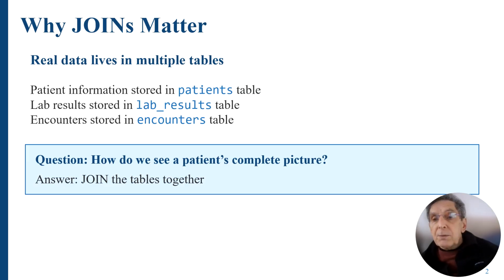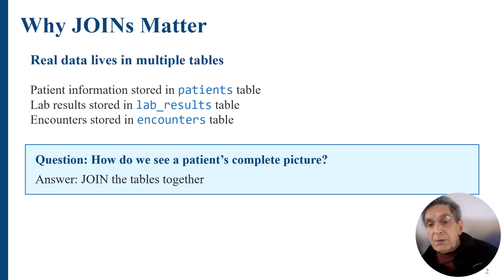So why do joins matter? Let's start with why. In a well-designed relational database, we don't store everything in one big giant table with lots of rows that have thousands of columns. That would be inefficient and lead to massive data redundancy. Instead, we normalize our data, which we did earlier in weeks 2 and 3, which means we split it across multiple tables.